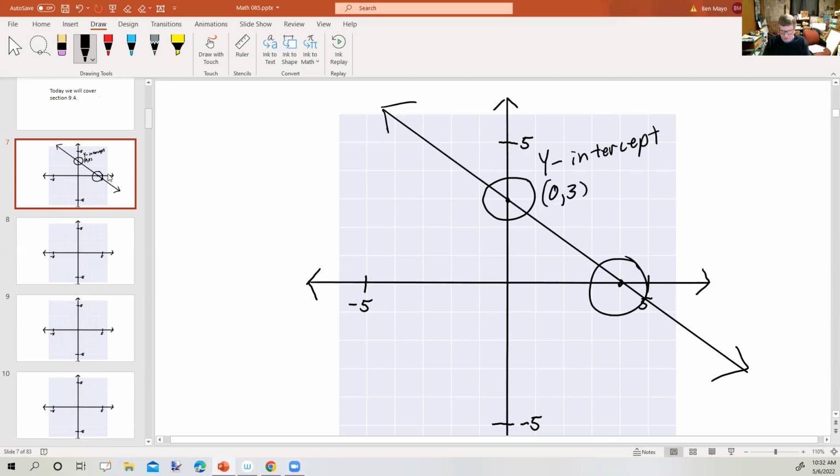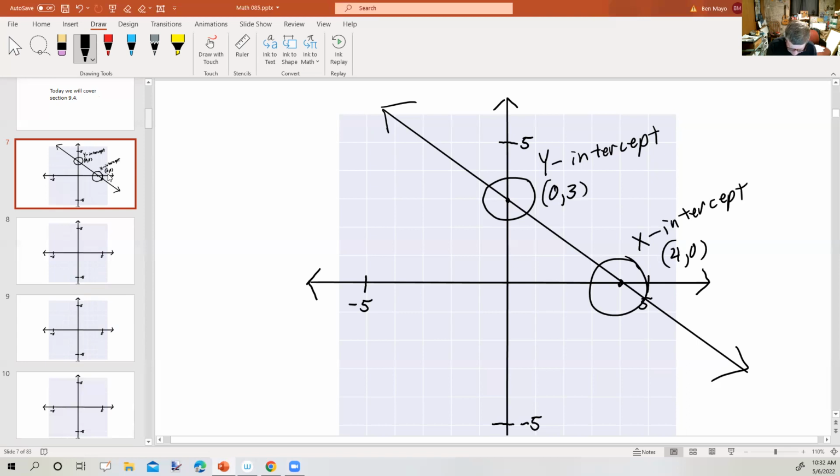The x value is 0, the y value is 3. The point where the graph cuts through the x-axis is called the x-intercept, and the coordinates of that point are (4, 0). Any questions about this particular graph?